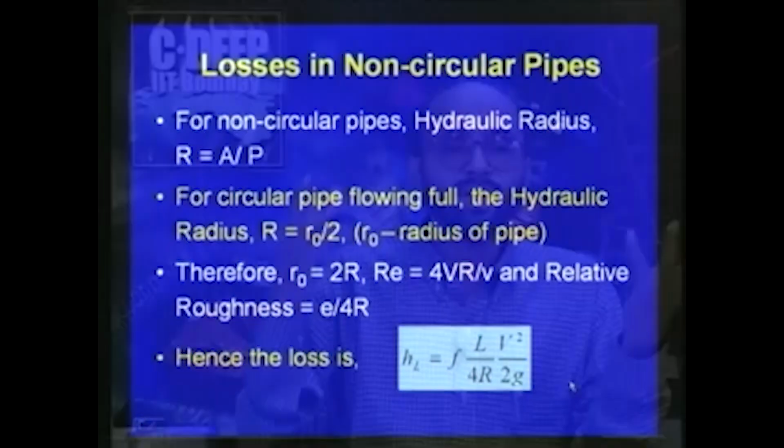So for various shapes and cross sections, first we can find the hydraulic radius, then the hydraulic diameter, and that can be used for calculations like the Reynolds number, relative roughness, or the pipe loss.